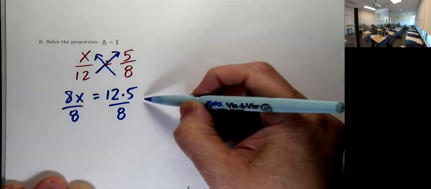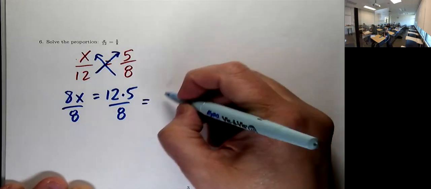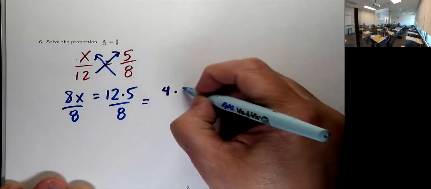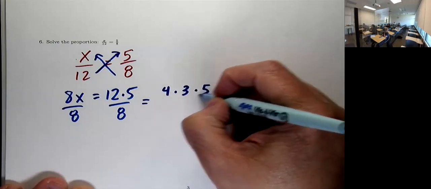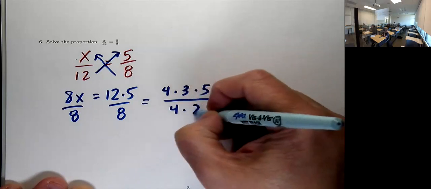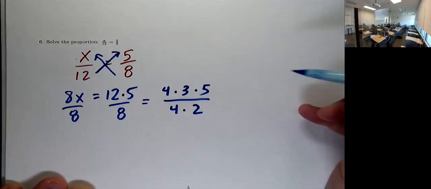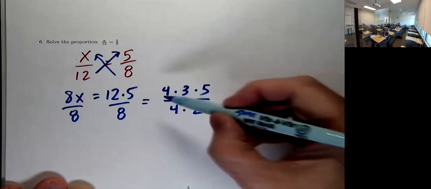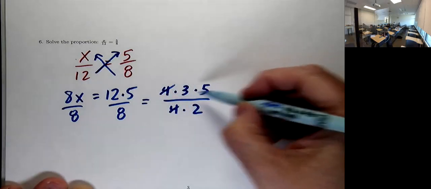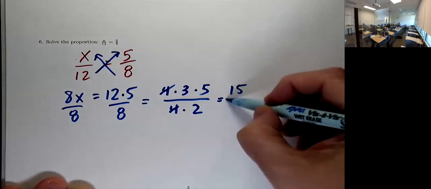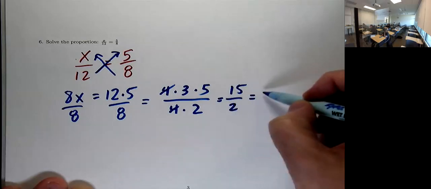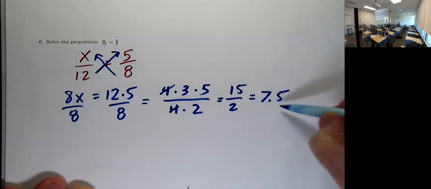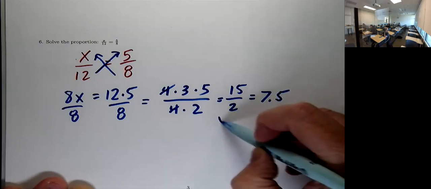I can put this in a calculator, or I can do a little bit of operations first. I changed the 12 into 4 times 3, and the 8 into 4 times 2, so I could see the 4's cancel. I got 15 over 2, which means this is 7.5. Either one of those answers will work.